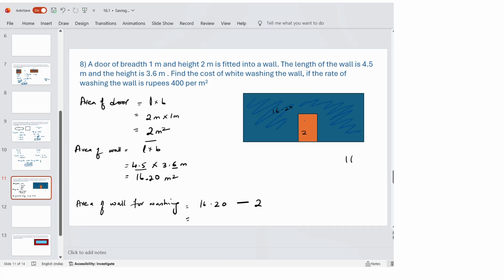And again, I hope nobody forgets how we subtract in decimals. Remember, I hope this has rung a bell. 14.20 meters square is the answer. So this is the area of the wall that is required for whitewashing.